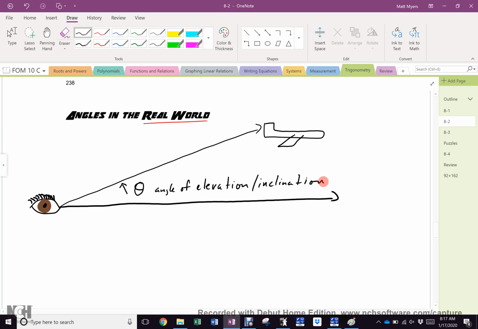It is inclining. It is making this angle from flat to up. And notice the angle lives between where the line is flat, horizontal, and where it goes up to. Does everybody understand? That's the easy one. Okay? Everyone's cool? All right.